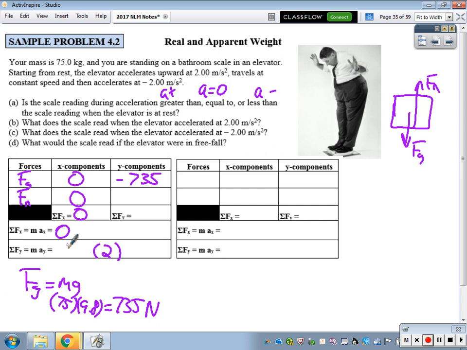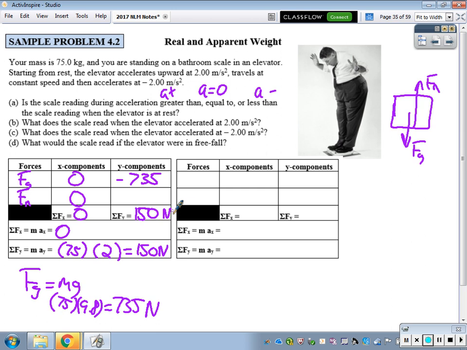And if you have a mass of 75 kilograms, please don't touch your calculators. What is 75 times 2? That is 150 newtons. So that means the sum of the forces has to be 150 newtons.